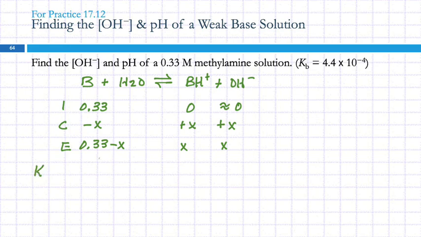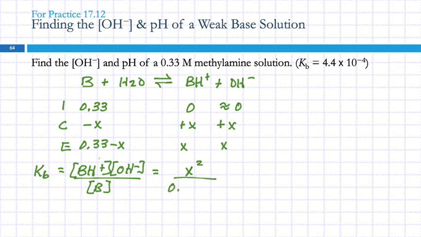And then the Kb expression is concentration of BH plus times the concentration of hydroxide ion divided by the concentration of the base. So we get X squared over 0.33 minus X, and that is equal to the Kb that was given to us in the question.